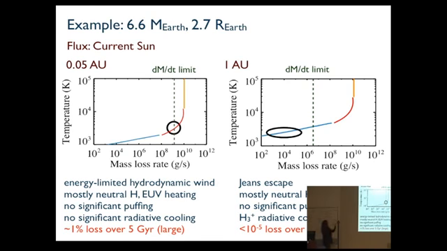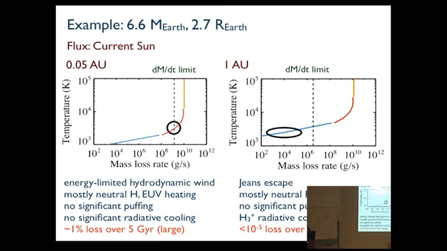So this is an example for 6 Earth masses and 2.7 Earth radii. At fluxes from the current sun at 0.05 AU, you end up with an energy-limited hydrodynamic wind, mostly atomic hydrogen, no significant puffing or radiative cooling, large mass loss rate, 1% over 5 gigayears. At 1 AU, Jeans escape, tiny mass loss.